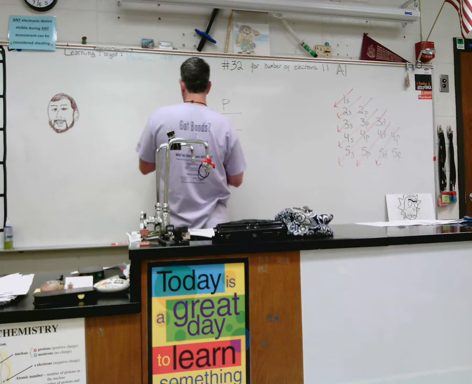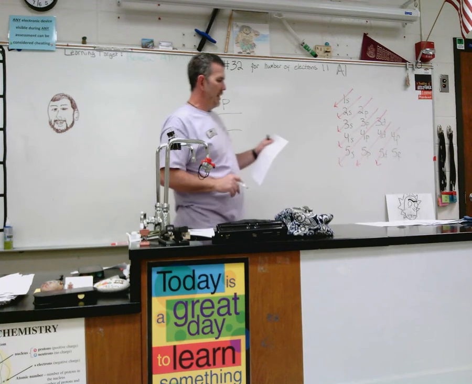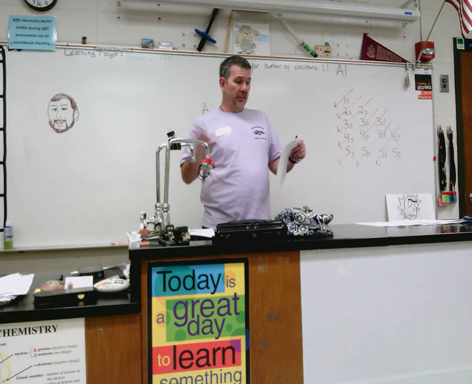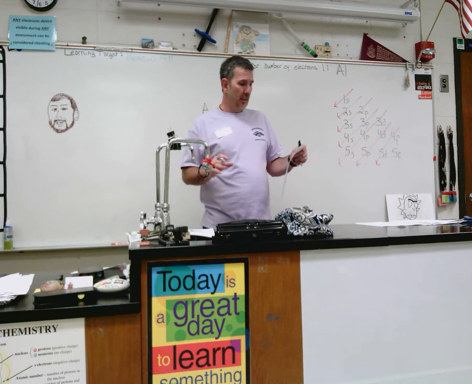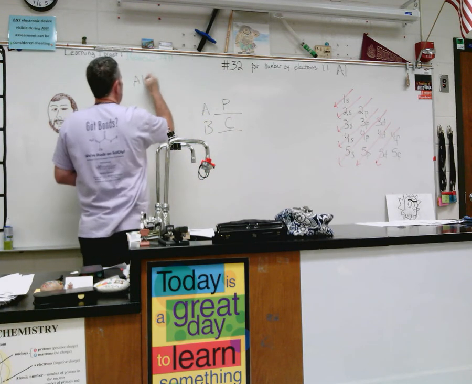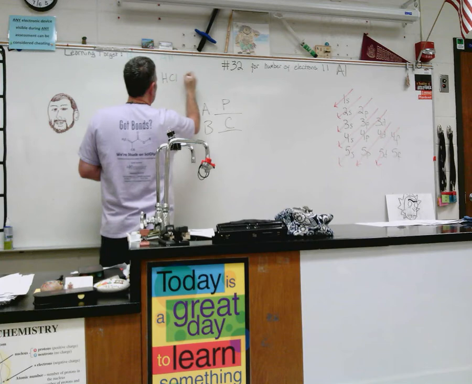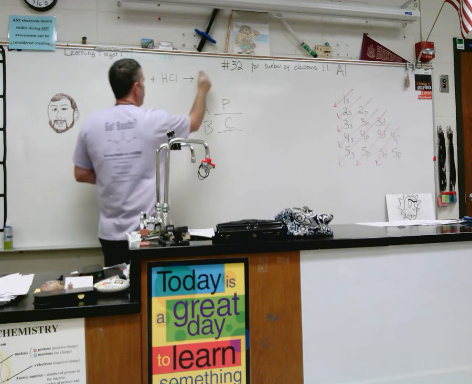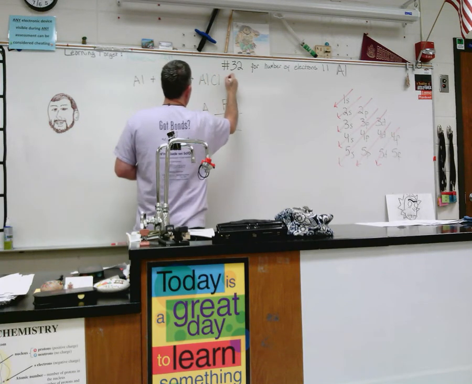B, when aluminum is added to acid, so I want you to think about this. You're adding a metal to acid and a gas is given off, and the aluminum disappears. That is a chemical property. If I add aluminum to HCl, by now you should know how to predict the products of this.